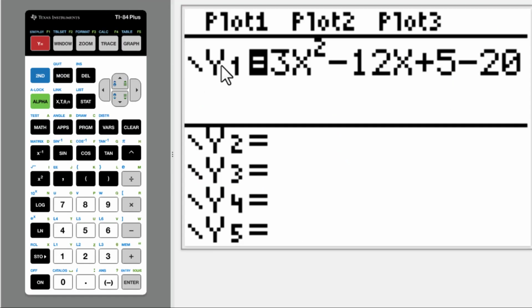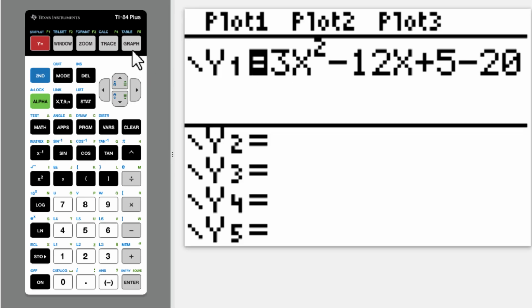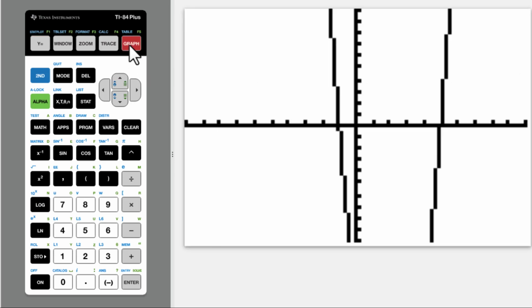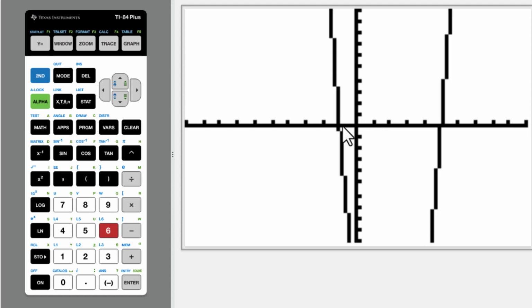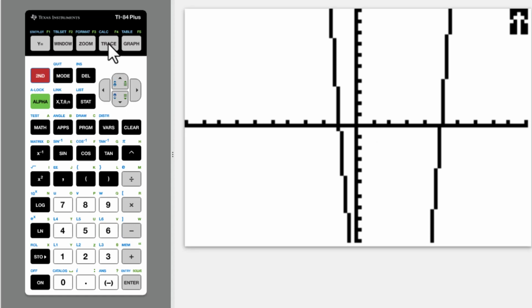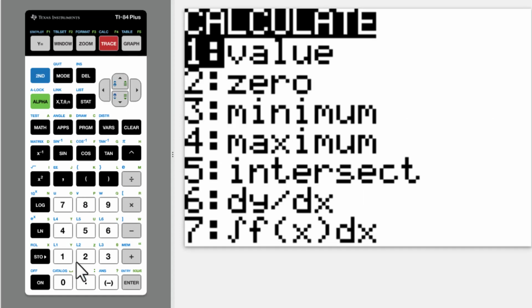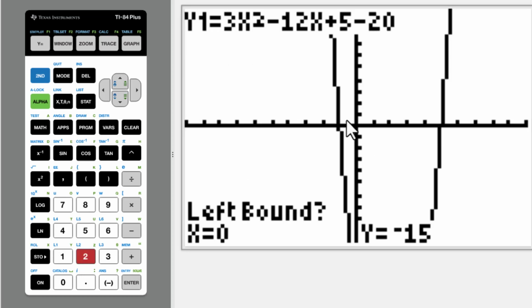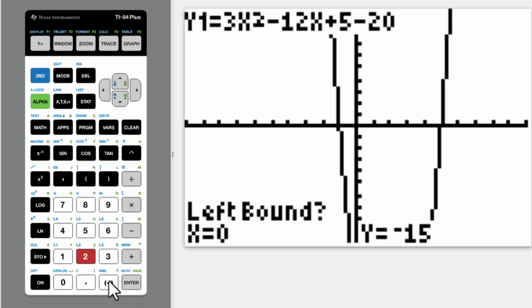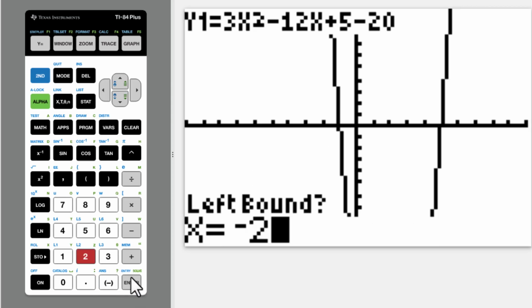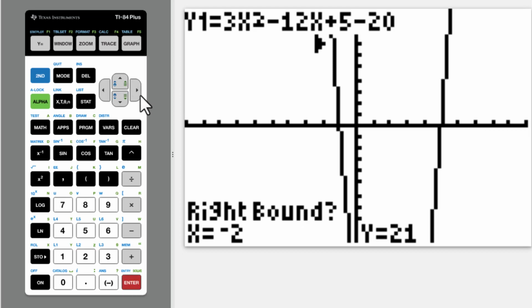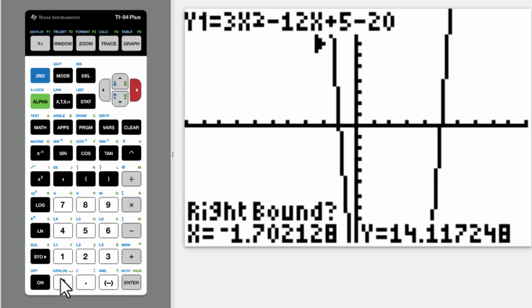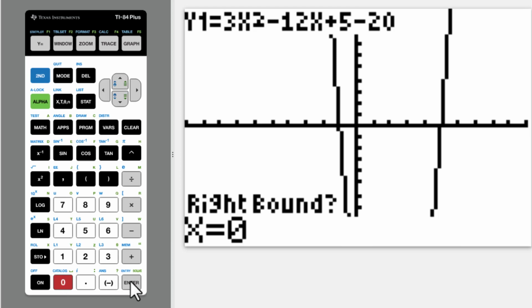First of all, we will put the left side of the equation into y1, then graph. We are looking for zeros. Second trace, 2. Left bound, we know this is -1, -2, so -2. Right bound, let's do 0.